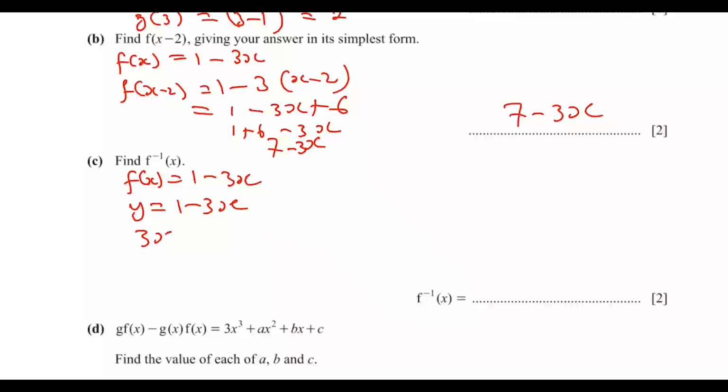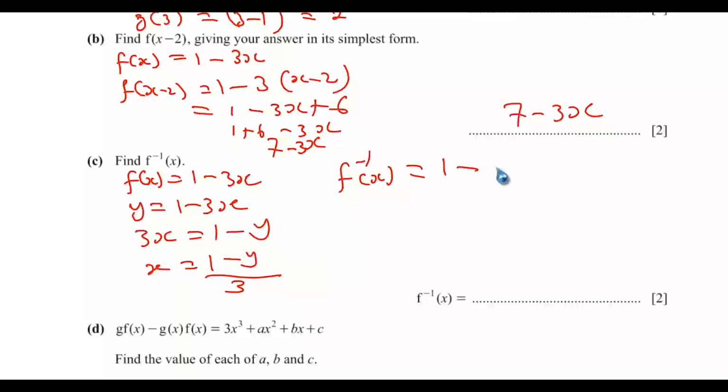So 3x to the left hand side, it will be equal to 1 minus y. Then we divide both sides by 3. x equals 1 minus y, everything over 3. So now replace x with f inverse of x, and replace y with x. So the f inverse will be 1 minus x, then everything over 3.